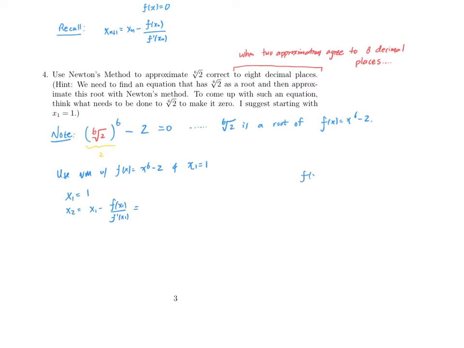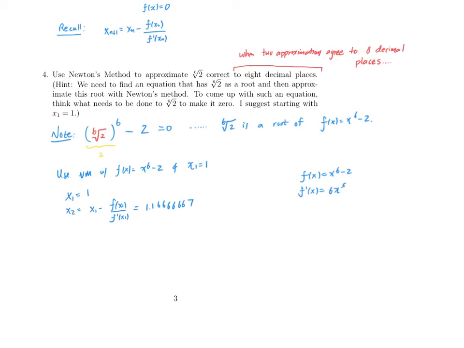So f of x is x to the 6 minus 2. F prime of x is 6x to the 5th. And putting this together, x2 is going to be 1.166666667.